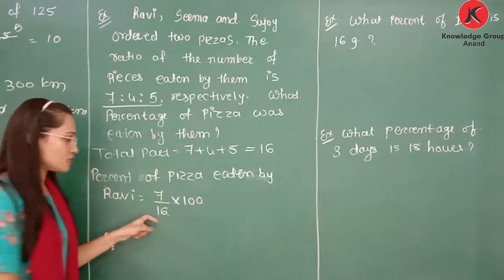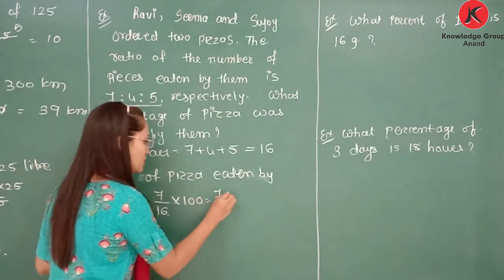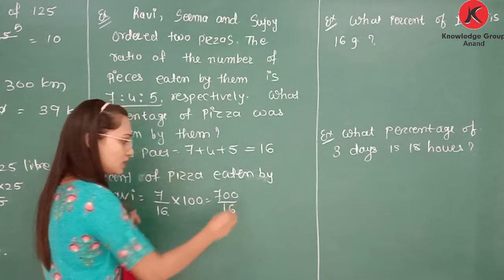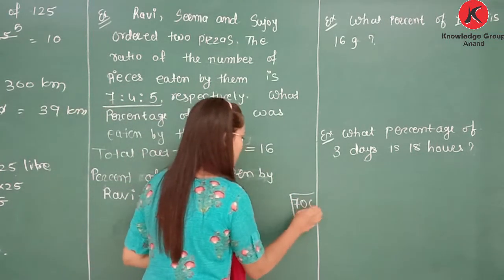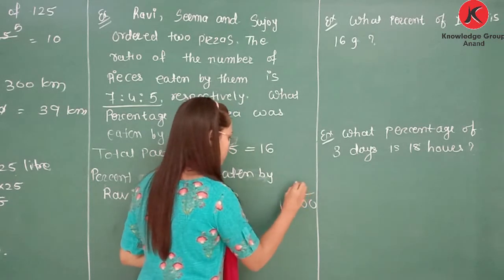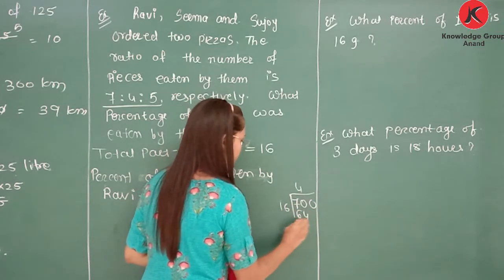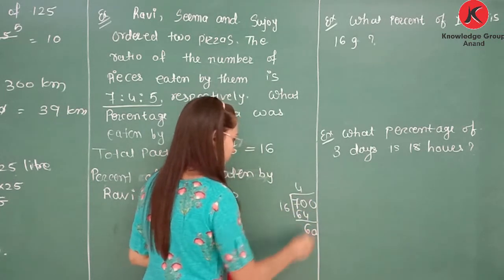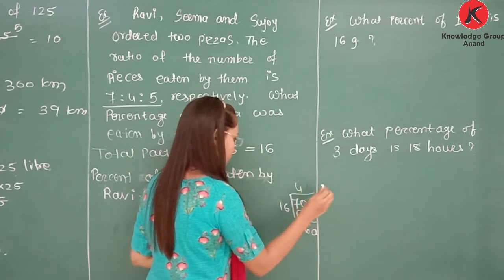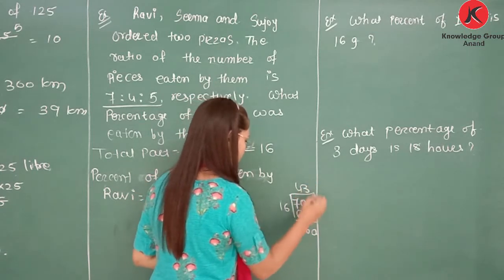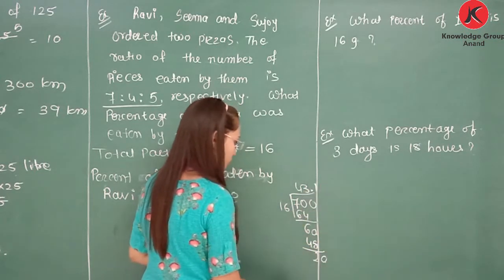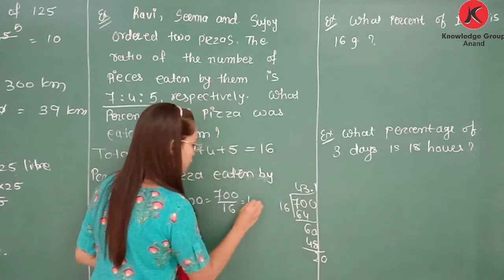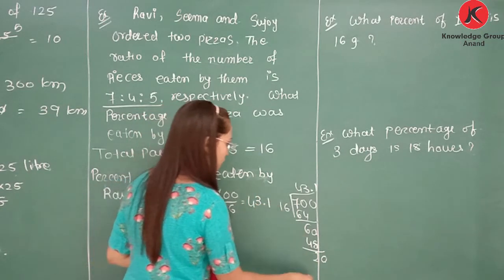To find the percentage, 7 is multiplied with 100, 700 by 16. Now divide 700 by 16. So it is 43.75%.